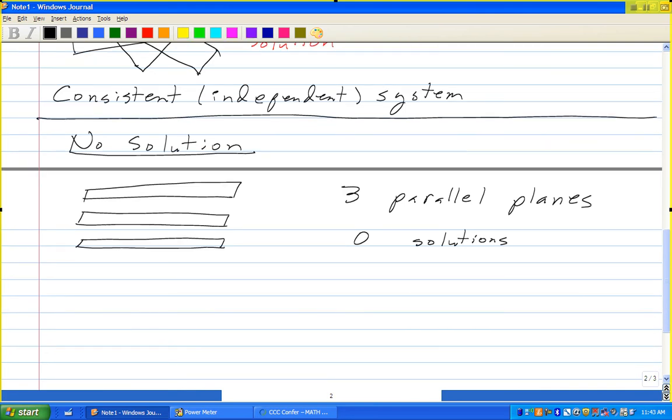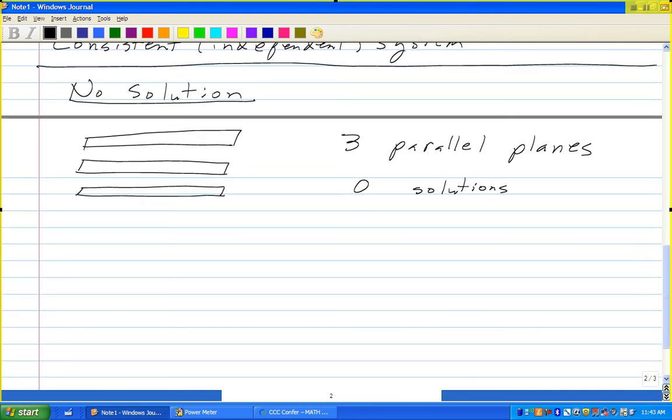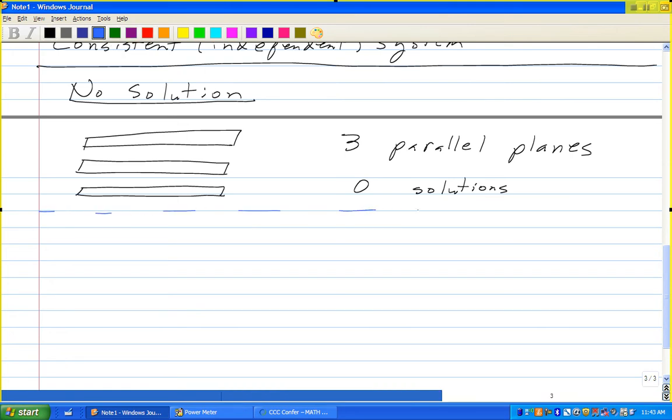But we can also have the case where, and let me separate this by a little, I have a plane and another parallel plane. So this will be the case where we have two parallel planes and another plane intersecting these.